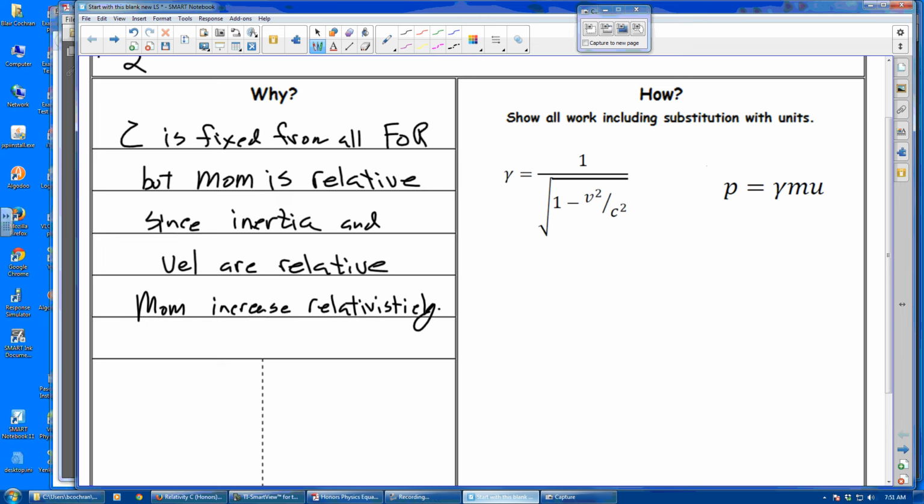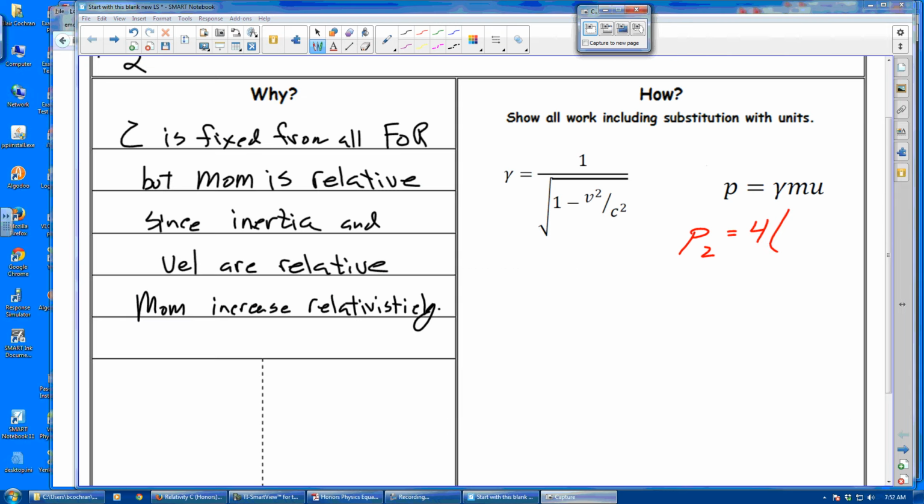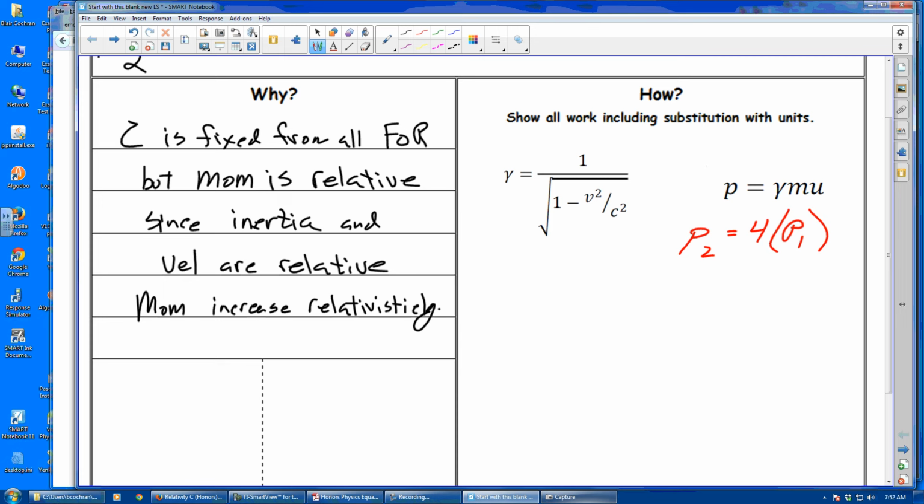I want my momentum at whatever velocity this is, so I'm going to call it P2, to equal 4 times whatever my momentum is in the first case.